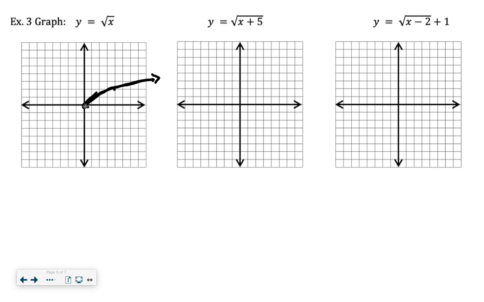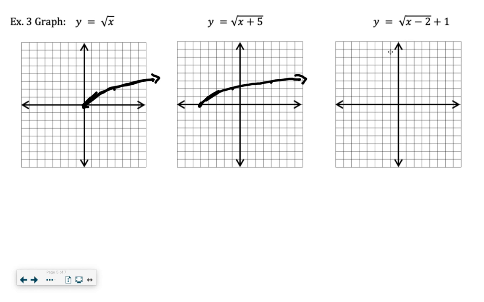So instead of starting at 0, 0, I'm going to go 2, 3, 4, 5 and start here at negative 5, 0. Then the rest of the graph is going to look the same. So here is what that graph would look like, shifted 5 units to the left.